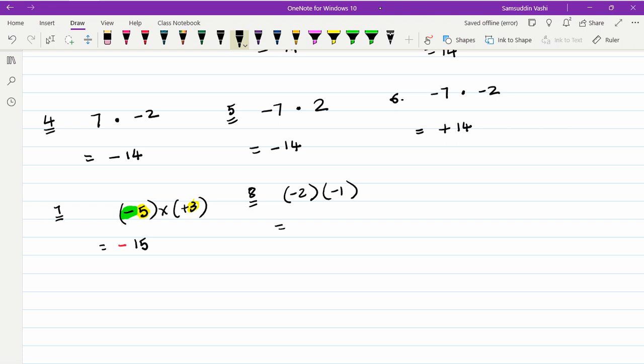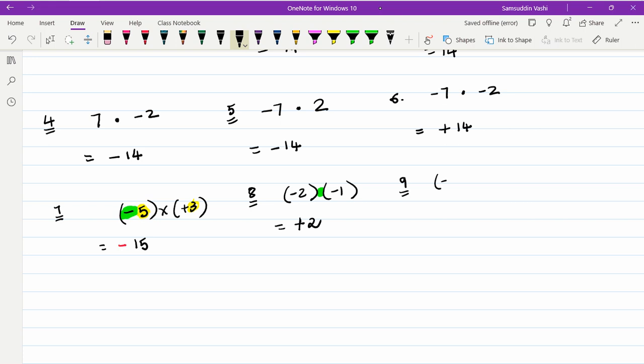Where? Between two brackets, no sign. It means it is a multiplication. Okay. So multiplication is there, invisible. So negative times negative is positive. And 2 times 1 is 2. That's my answer. All right.